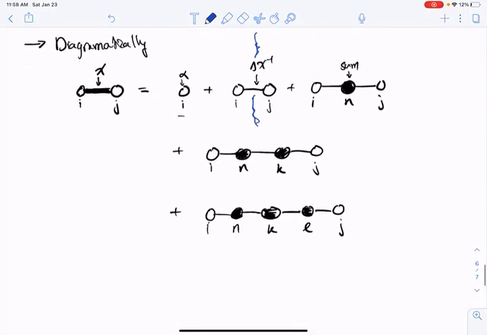I think it's a little easier to see it graphically that really this expansion of chi has a self-consistency to it.